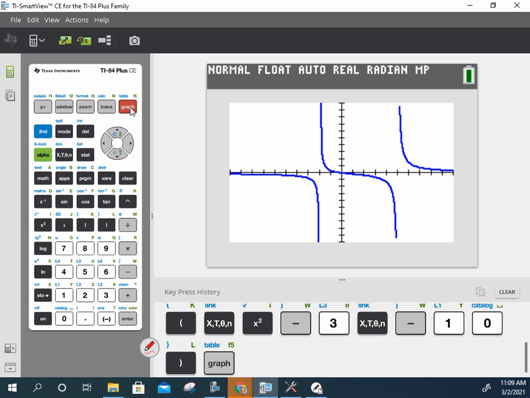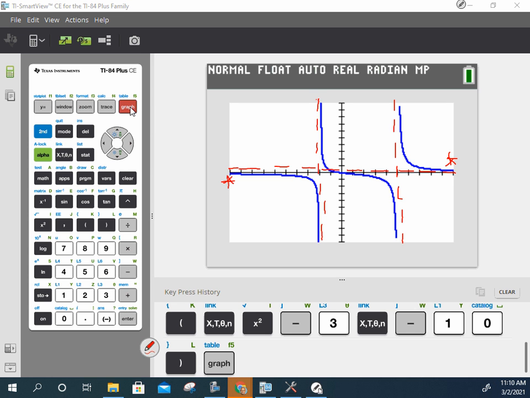So if we get our sneak peek, remember we had an asymptote at negative 2. We had an asymptote at 5. And notice that 0 was the horizontal asymptote. This part of the graph and this part of the graph are flirting with that line.